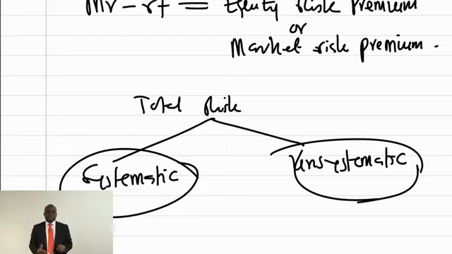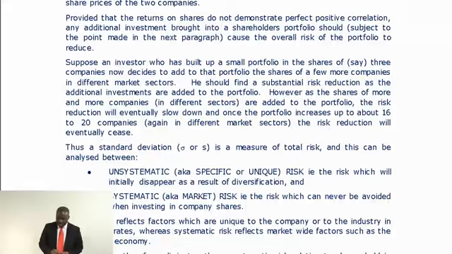Systematic risk is the risk that cannot be reduced or eliminated as a result of you having a diversified portfolio. But unsystematic risk can be reduced or eliminated as a result of you having a portfolio of investment. Systematic risk is also called market risk.